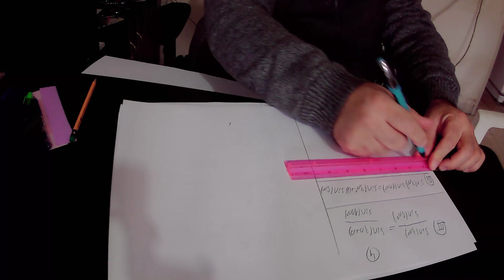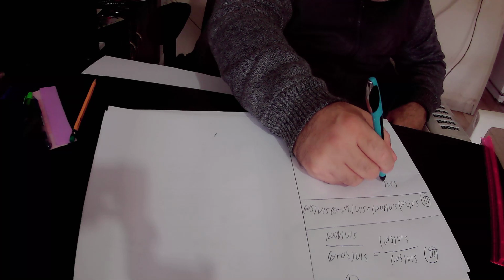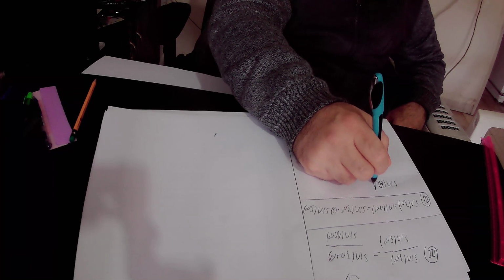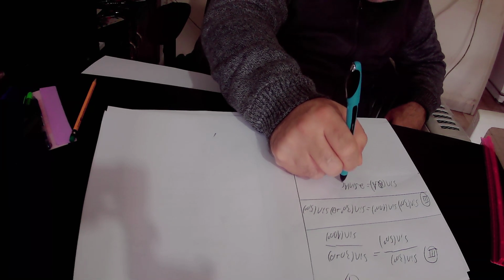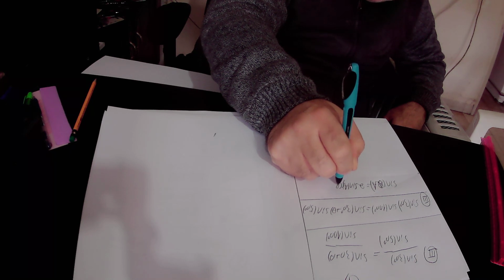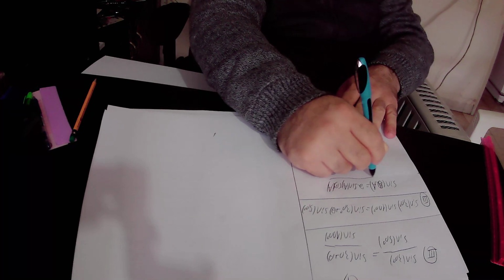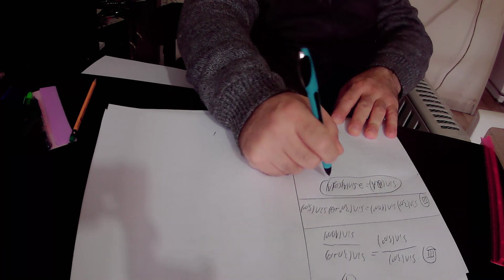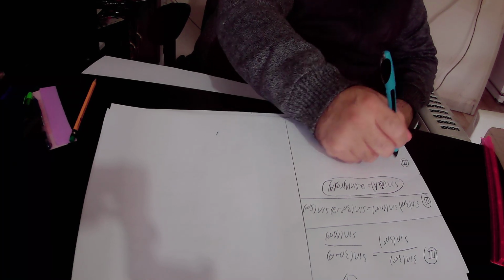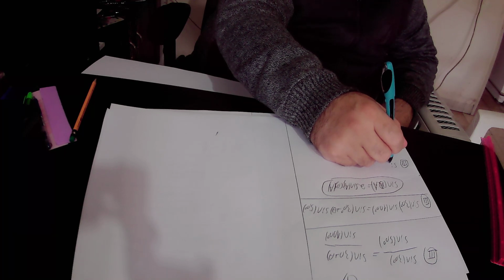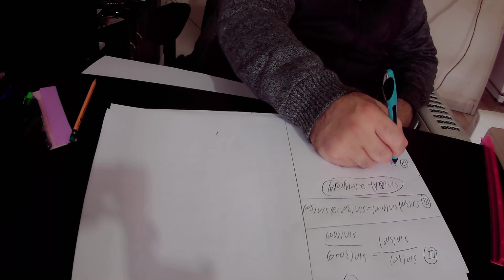Here we will use the trigonometric identity that states that sine 2a equals 2 sine a cosine a. Sine 30 degrees is 1 over 2, so we will substitute sine 30 degrees by 1 over 2.